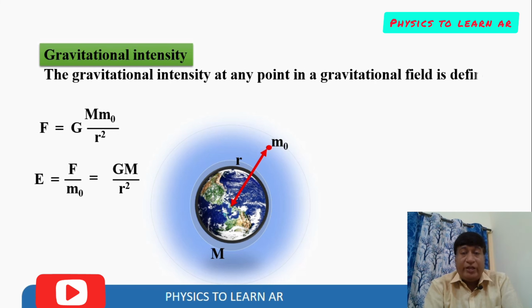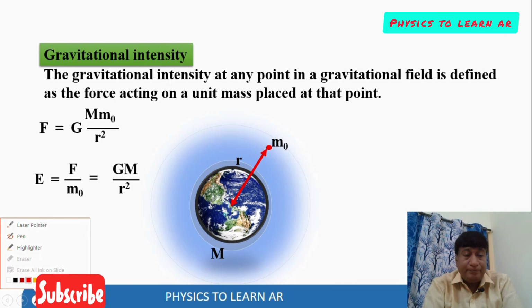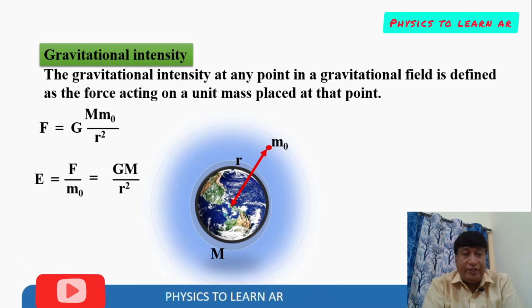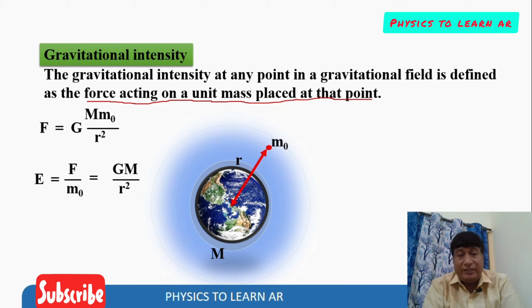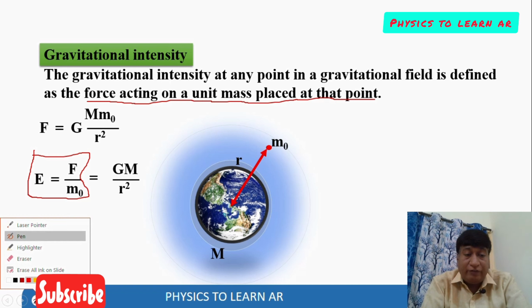So the definition of gravitational intensity is: the gravitational field intensity at any point in a gravitational field is the force acting on a unit mass placed at that point. In simple form, E equals F by m0.